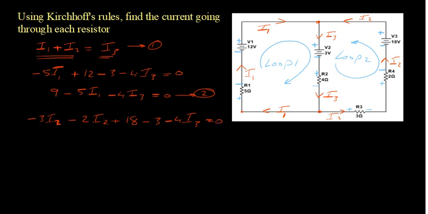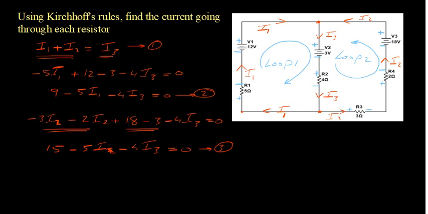Once again, just to simplify things, because I have these 18 minus 3, and also I have these two terms with the common current 2, that will give me 15 minus 5 multiplied by the second current, and minus 4 multiplied by the third current, and that's equal 0.